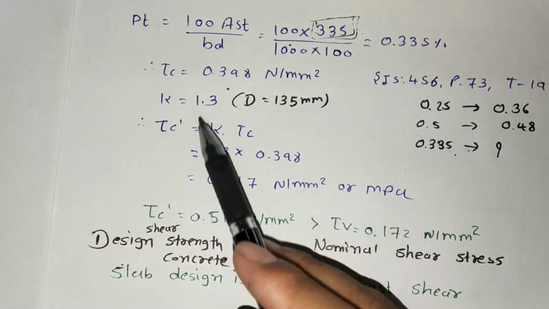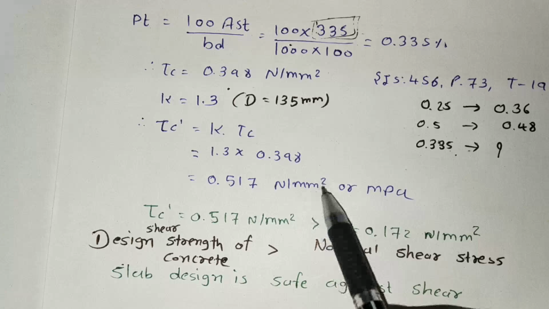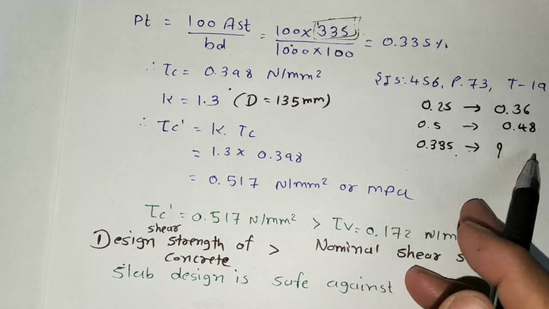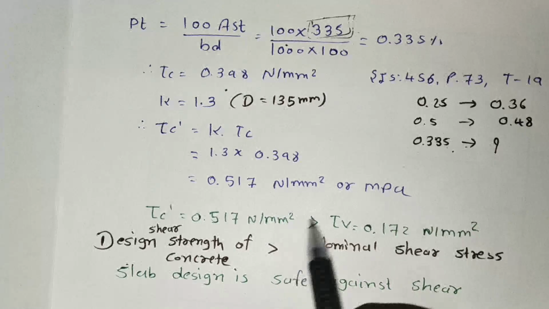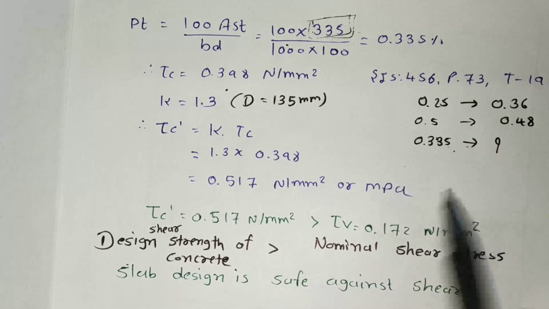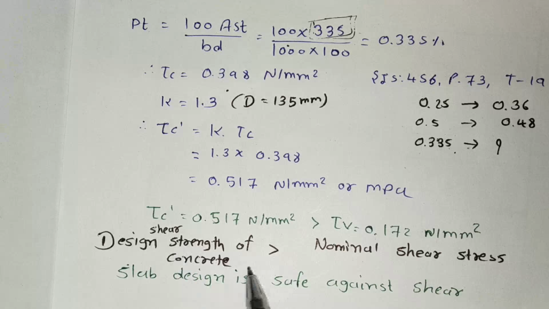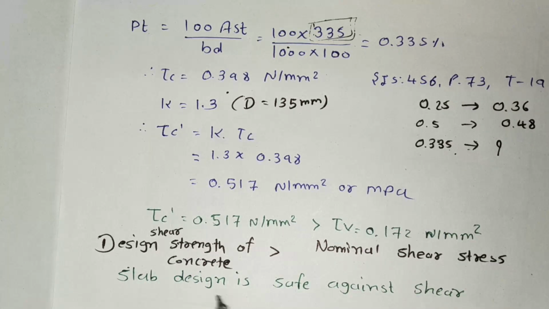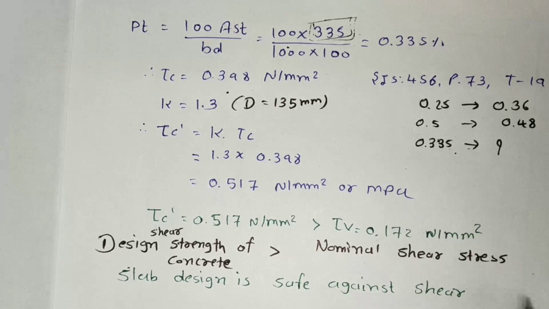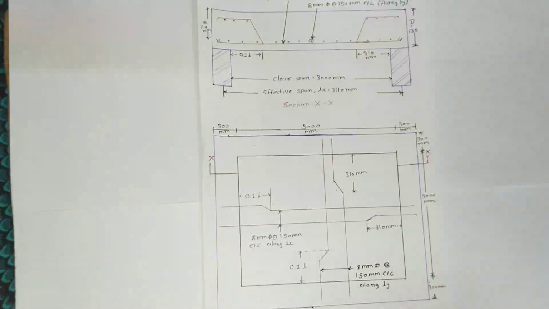So we got tau c dash is equal to 0.517 Newton per mm square, or you can say megapascal. So tau c dash is 0.517 Newton per mm square, which is greater than tau v. So the design shear strength of the concrete is greater than the nominal shear stress. So the slab design is safe against shear.